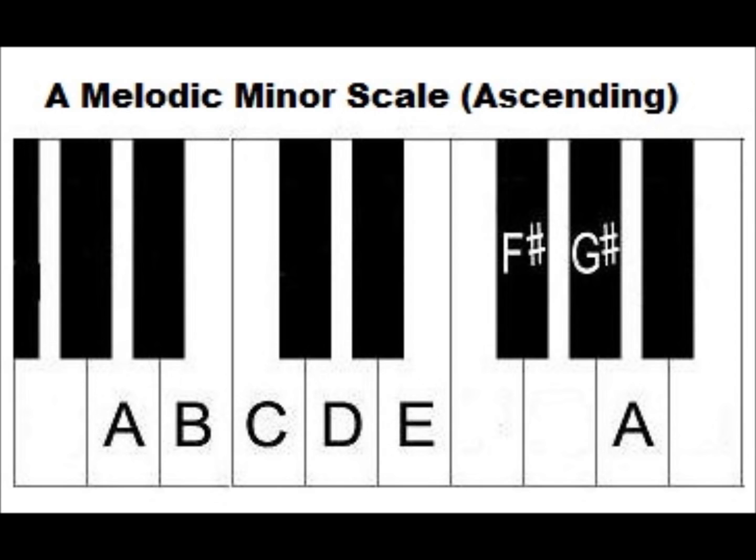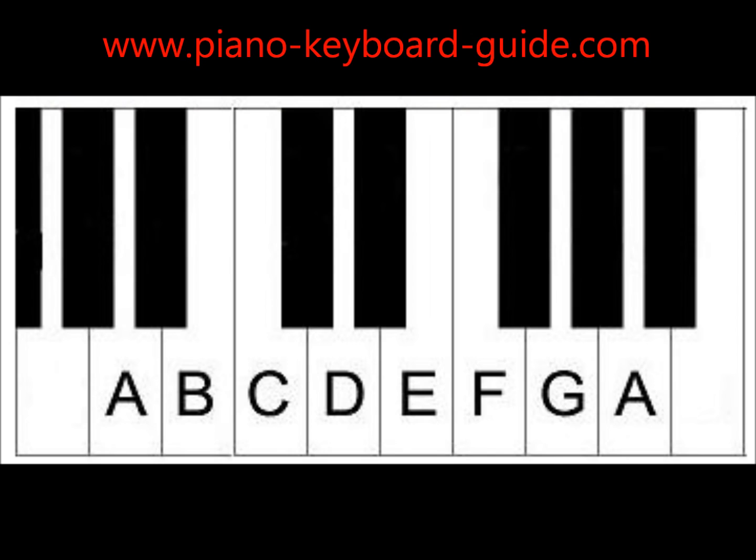For instance, in an A melodic minor scale, the notes are A, B, C, D, E, F sharp, G sharp, A, ascending, and A, G, F, E, D, C, B, A, descending.